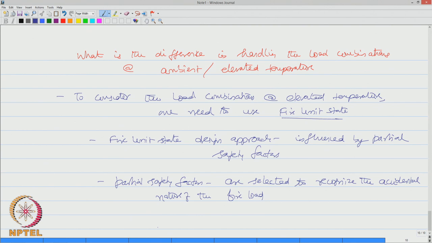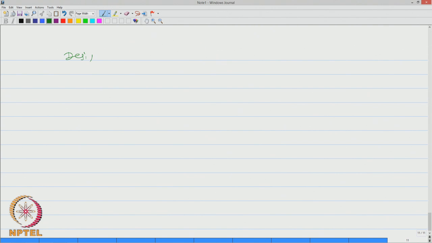So, the philosophy should be to compute or assess temperature distribution within the structure.